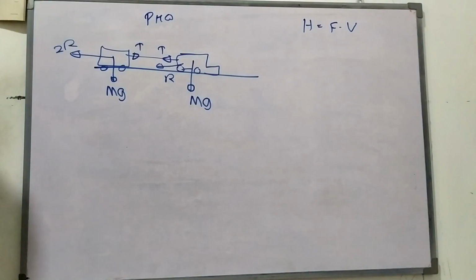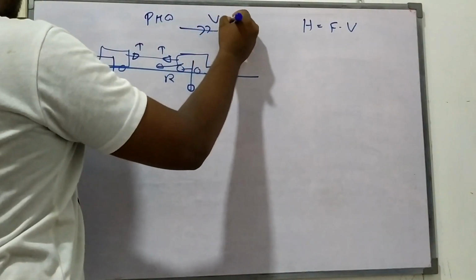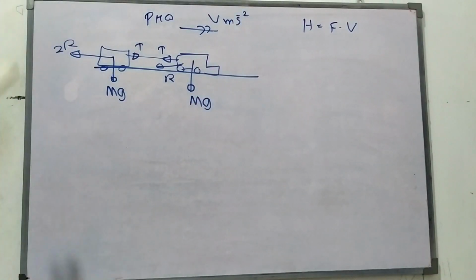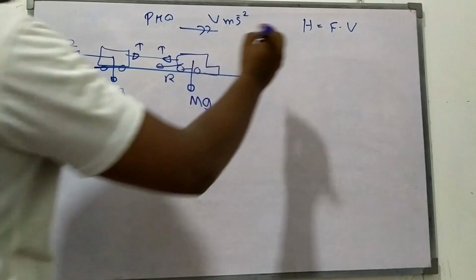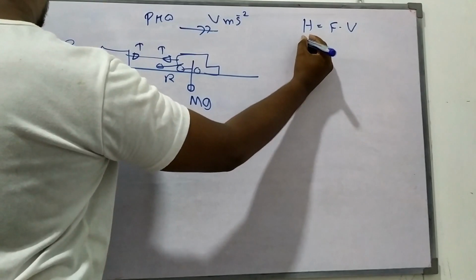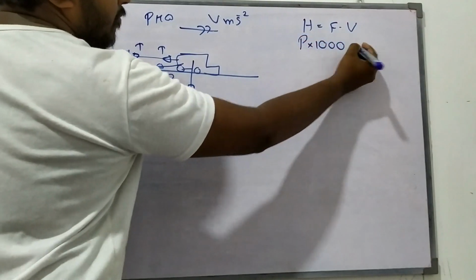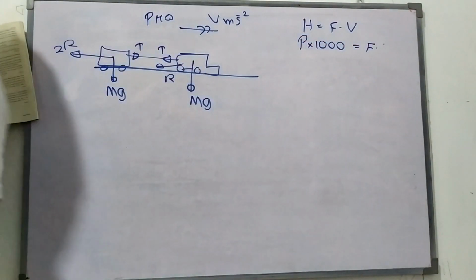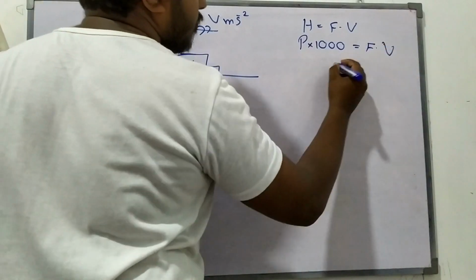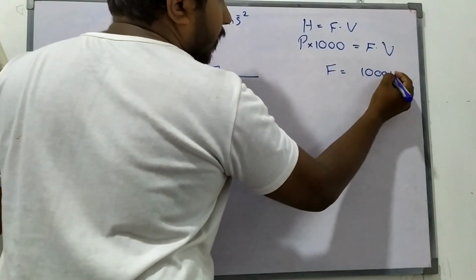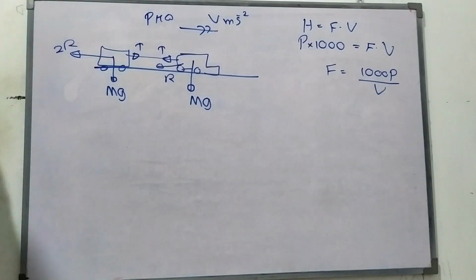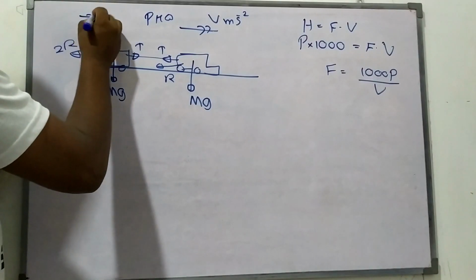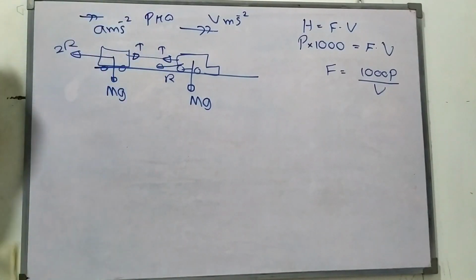Right? The velocity is V. So H means P times 1000 equals F into V, so F is 1000 P over V. I don't know the acceleration, so I assume it's A ms minus 2.